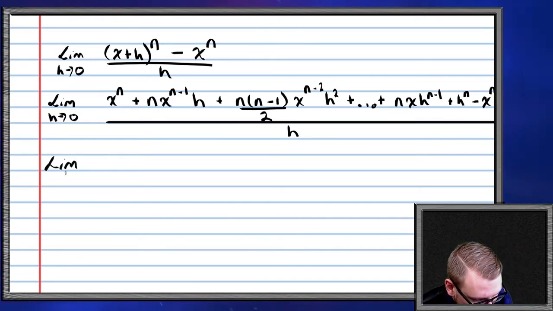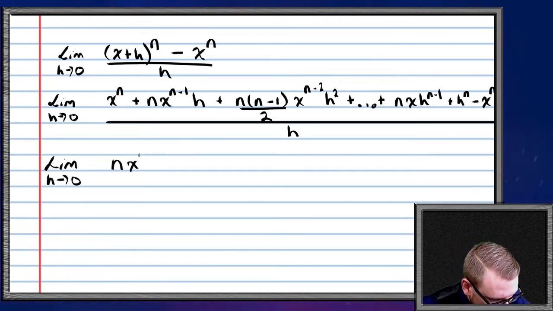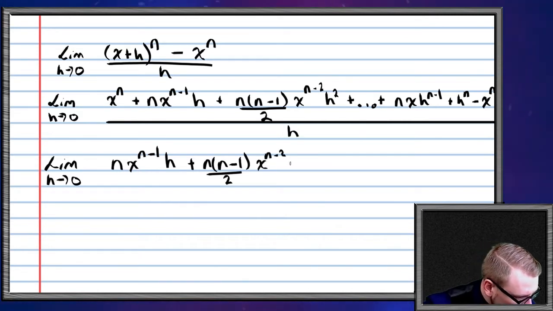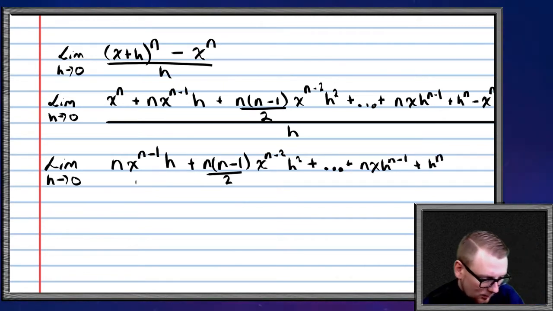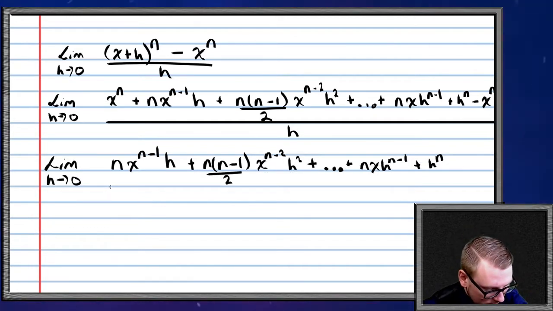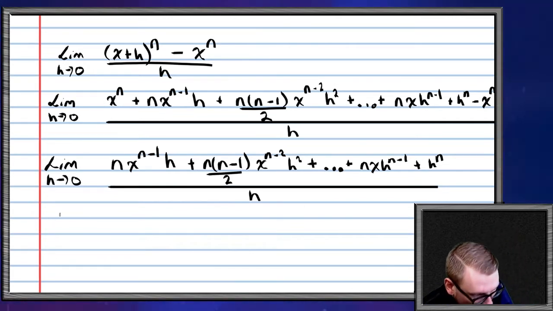Then we'll have the limit as h approaches 0 of n x to the n minus 1 h plus n times (n minus 1) over 2 x to the n minus 2 h squared plus dot dot dot plus n x h to the n minus 1 plus h to the n, all over h. Nice.